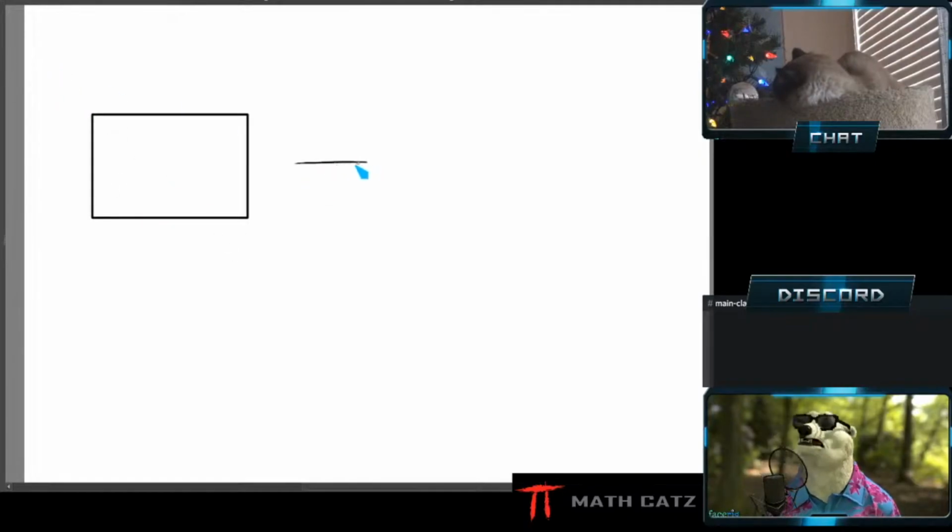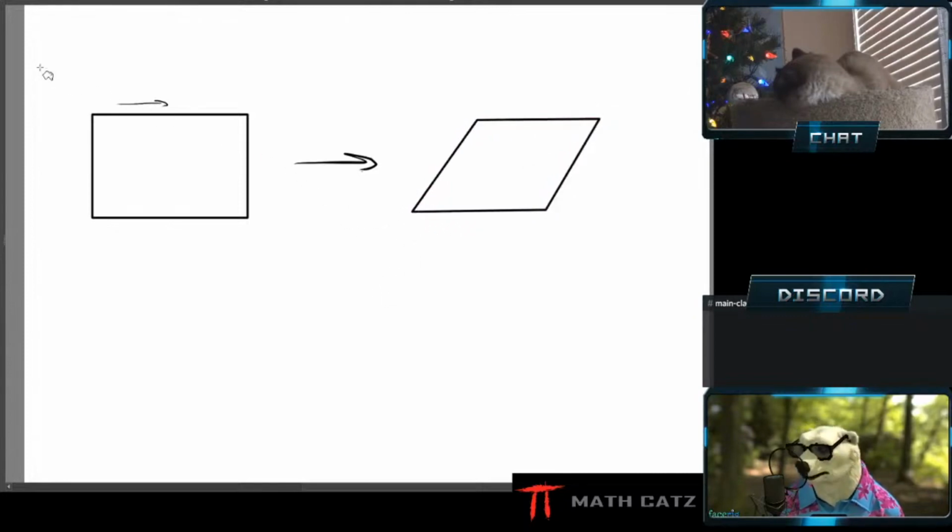So what is next? Let's take the rectangle, there it is, and transform it by shifting the top edge a little bit sideways. I will then get a parallelogram. I'll try my best to make it look parallel.